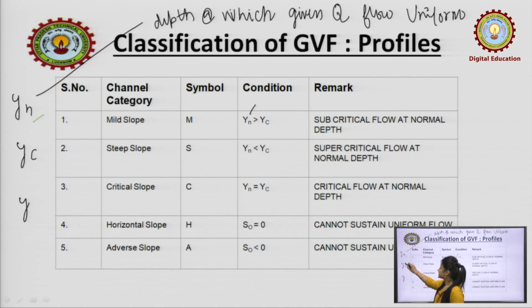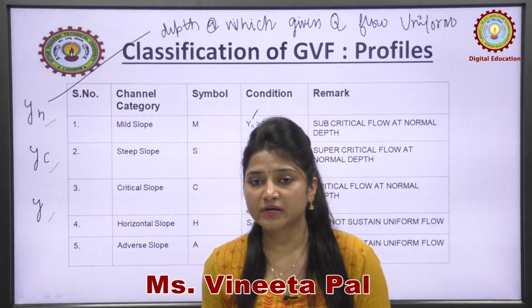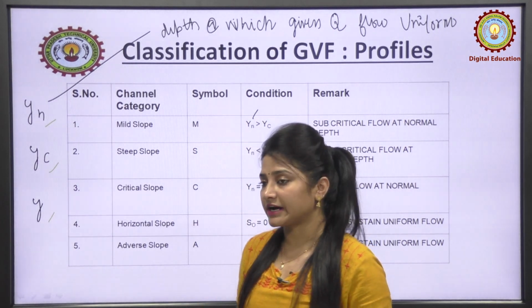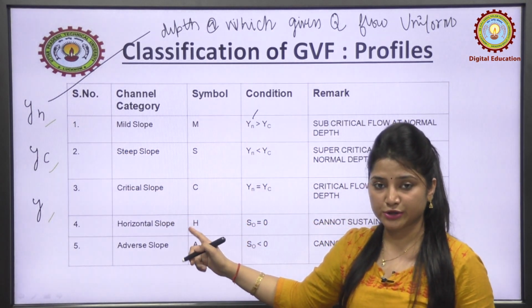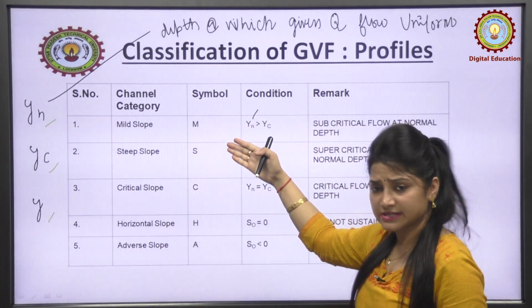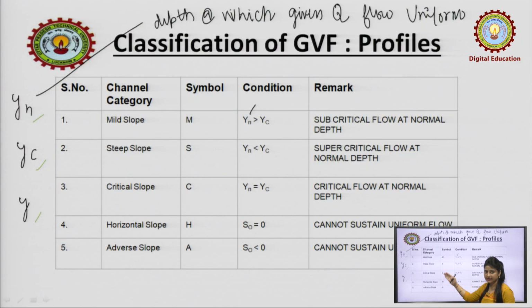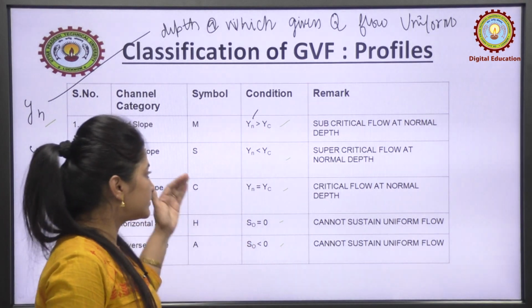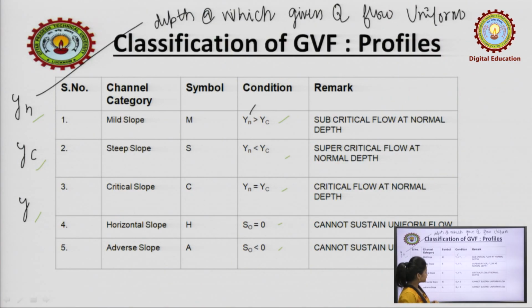Based on normal depth, critical depth and the depth of gradually varied flow, we broadly categorize gradually varied flow into 5 categories: mild, steep, critical, horizontal and adverse, represented by M, S, C, H and A. Further we will study the conditions for each, meaning how we identify which profile a particular section has. The first condition is if the normal depth is greater than the critical depth. Now, what is it?